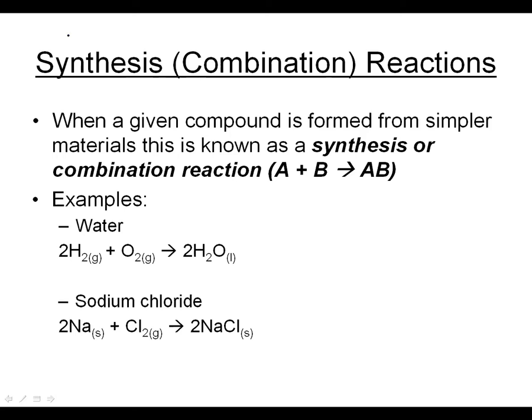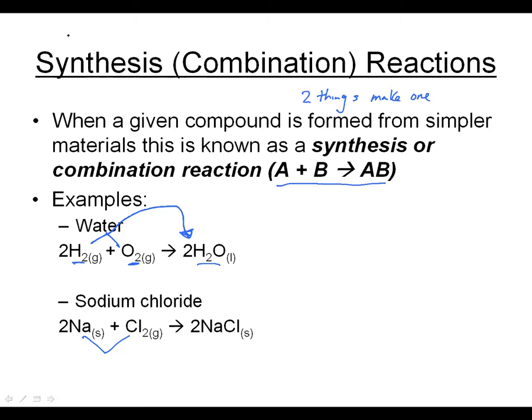So it's sometimes referred to as synthesis or combination. So here's what we got going on here. We got hydrogen gas, oxygen gas makes water. Again, two things make one is a redox reaction. Over here, sodium and chlorine come together, two things making one is your classic synthesis or combination.